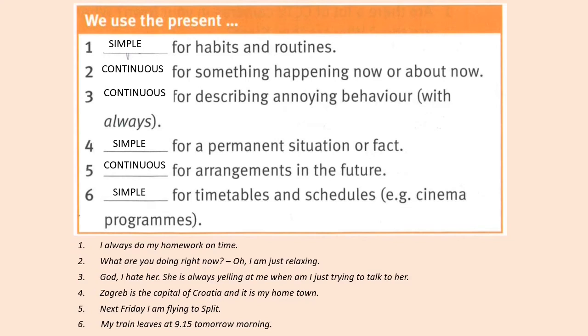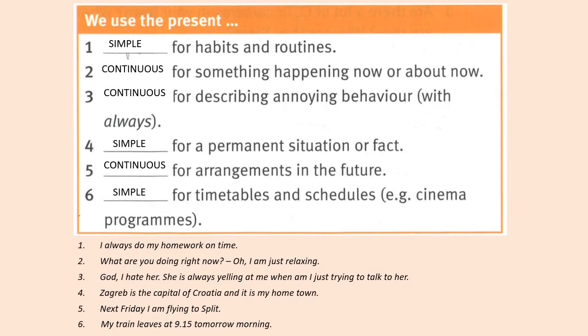As you can see in the first sentence, just underneath this table, I always do my homework on time. So this is a habit. Or another example would be, I always brush my teeth before I go to bed in the evening. So that would be a routine.